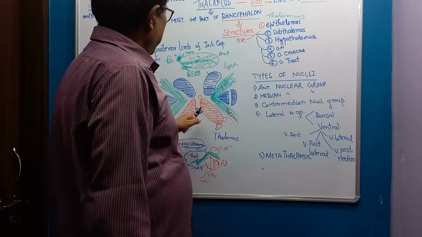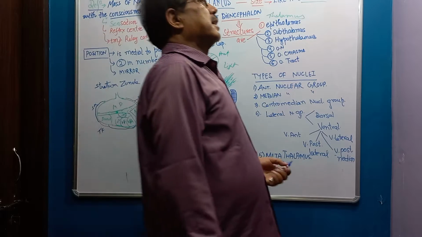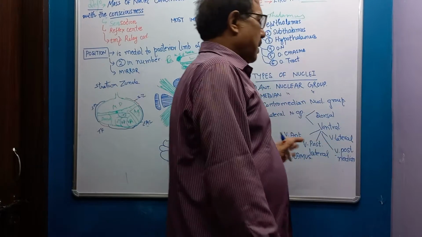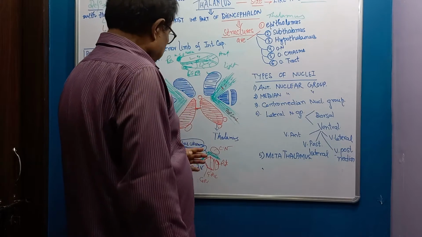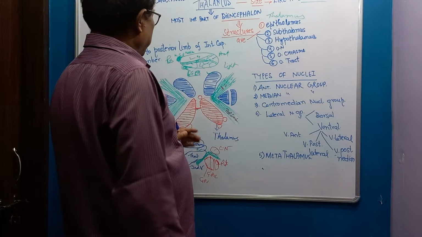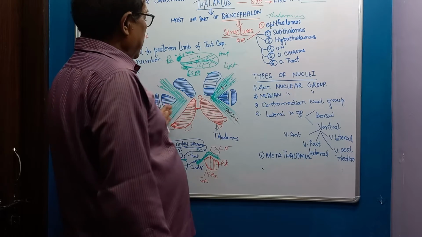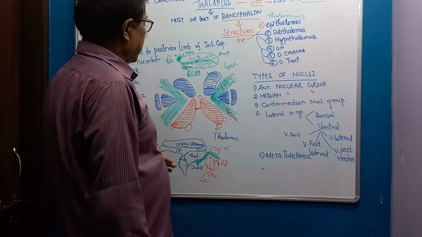Now medially, the border is the third ventricle. Laterally is the posterior limb of the internal capsule.